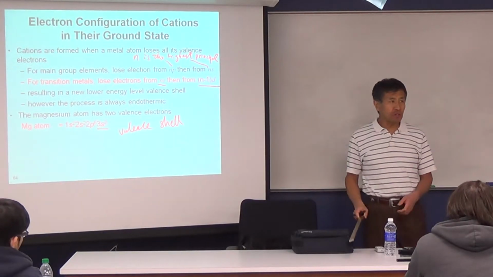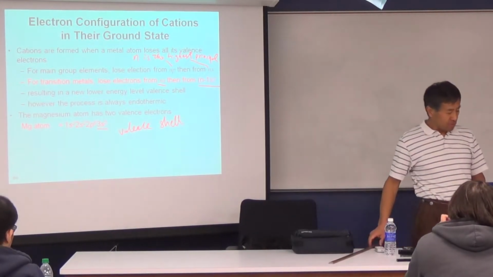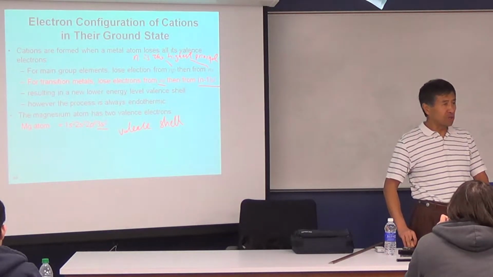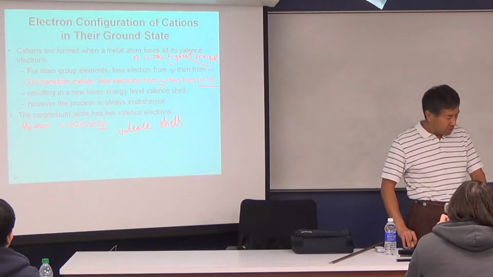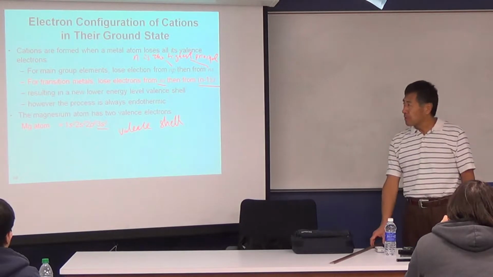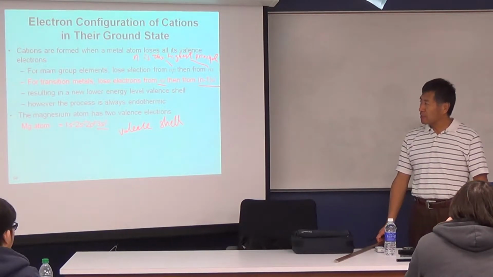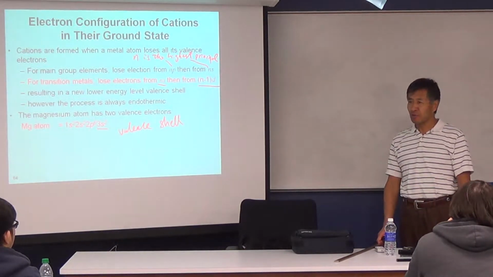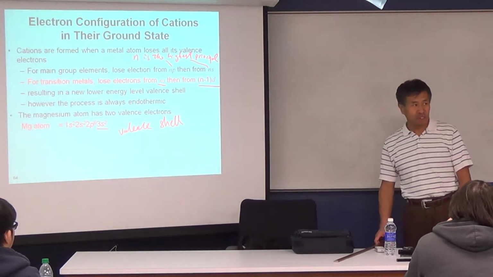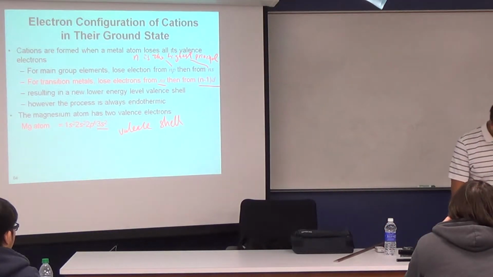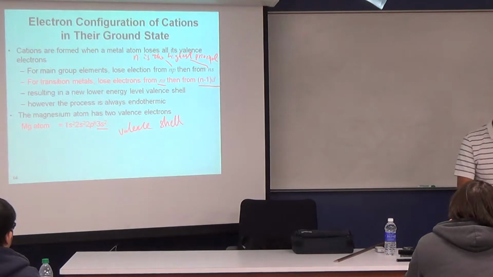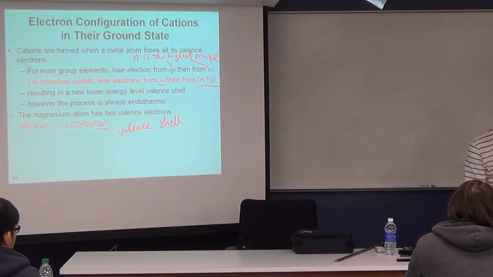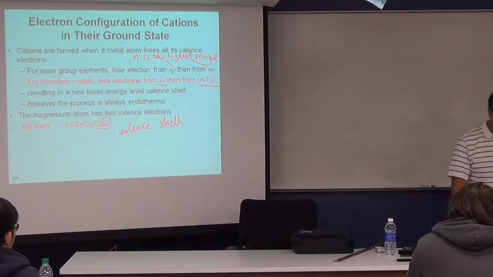If you have a 3p, take the electron away from the 3p first for those group A metals. For magnesium, you just take the 2 electrons away from the 3s, both of them.